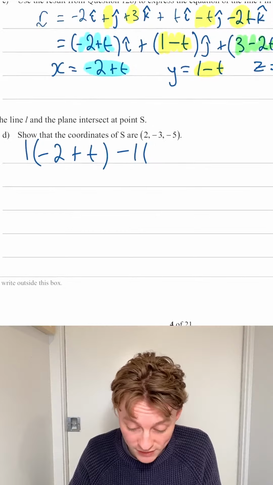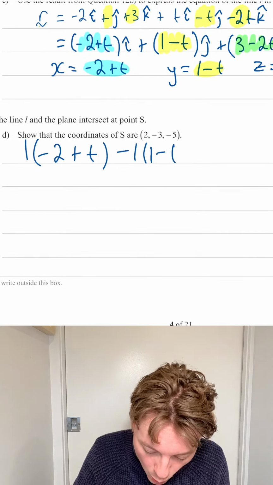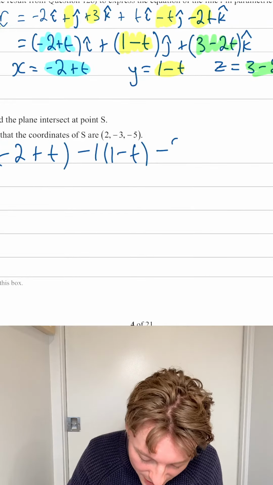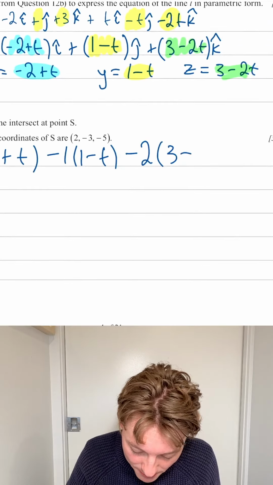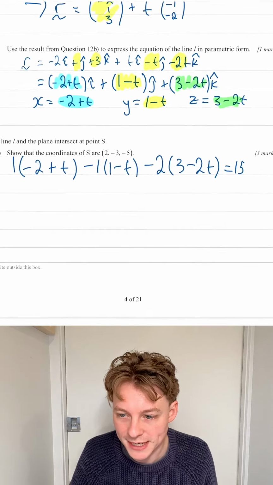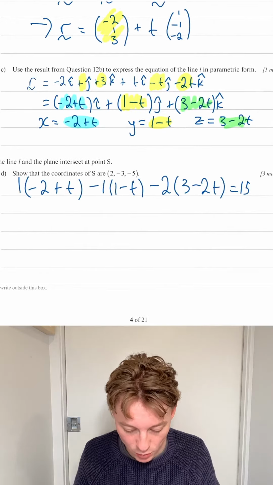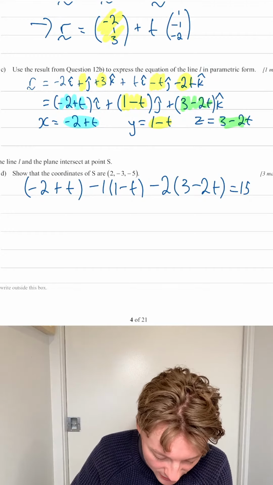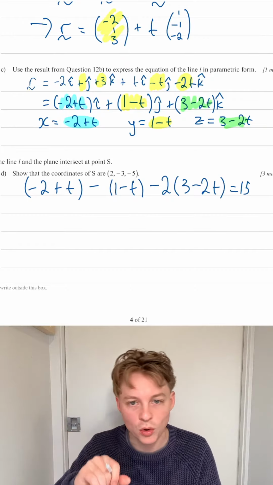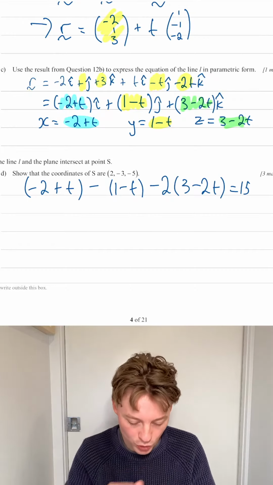Again, I don't need to because the value is 1, but just to help explain, 1 minus t goes in place of y. And it was minus 2z. That becomes minus 2, and z is going to be 3 minus 2t. And all of that still is equal to 15. If you can see all of that there. Again, I don't necessarily need to put these ones out the front, but just showing, if I had a 3 or a 4, minus 7, whatever, that would go there.